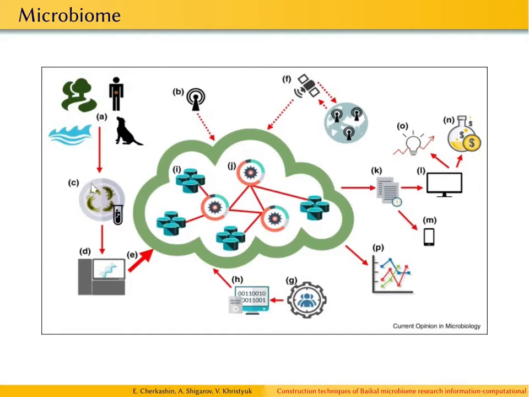It is taken and then by chemical reactions converted to a set of genes which is sequenced and put into an environment which is almost always some kind of cloud system.